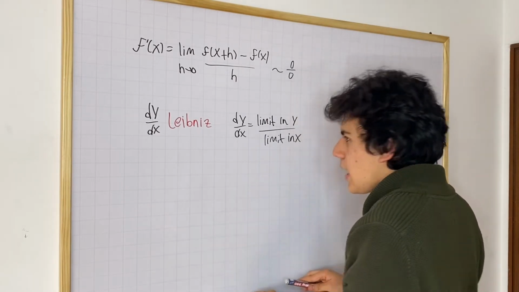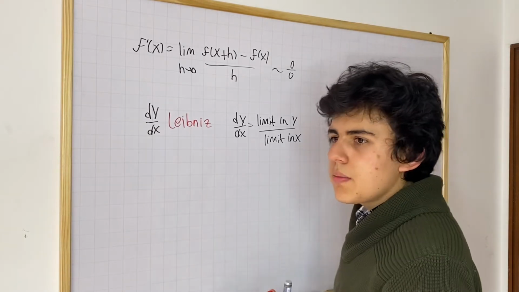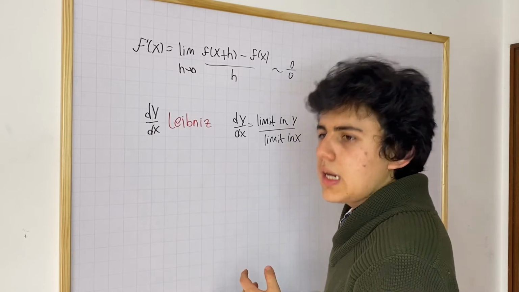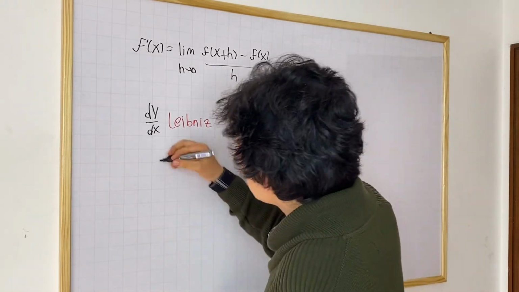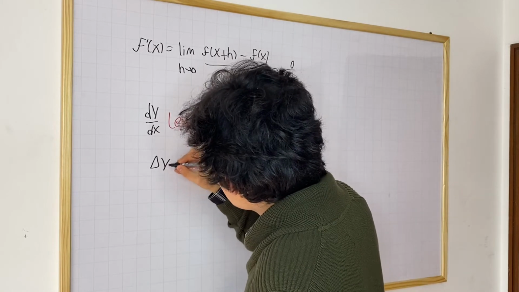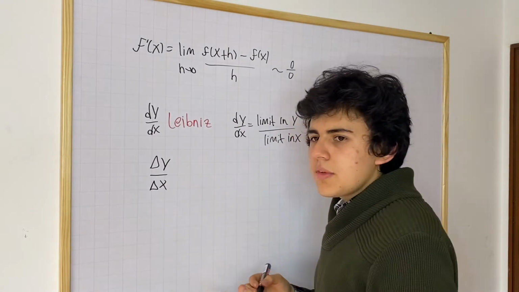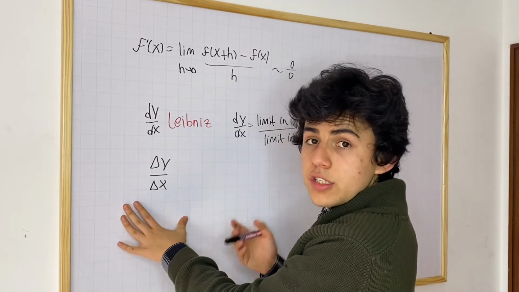Now we've also got another notation that has a very close relationship with Leibniz notation: delta y over delta x. There is some discussion about that. This is saying average change.